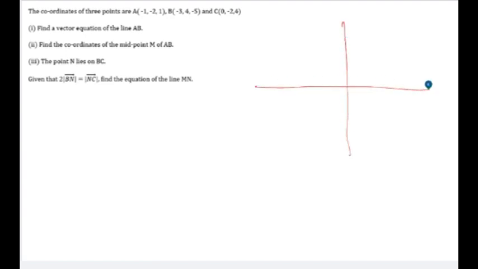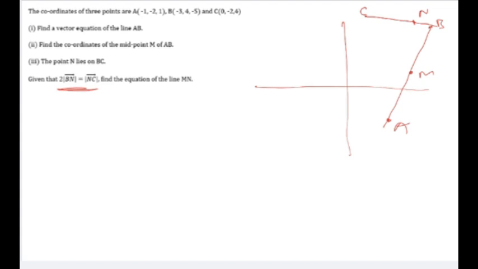Suppose our A is there and our B is there, right? And that is the line joining them, and that's M. And suppose C is here. It could be anywhere really, right? So that is the vector that is joining B to C. At the same time, we have a point N which is along BC, and from what we've been given here, twice the vector BN is equal to NC.